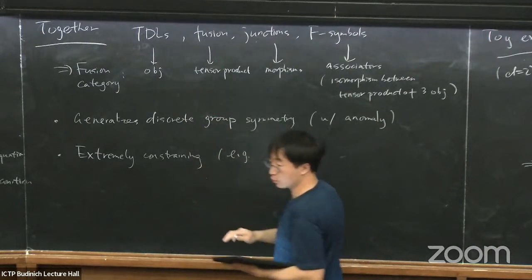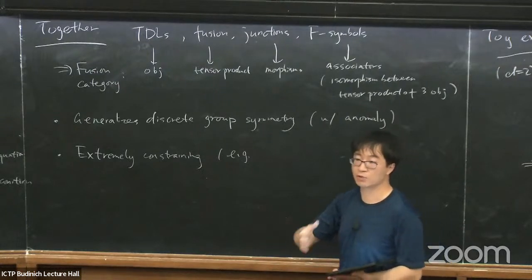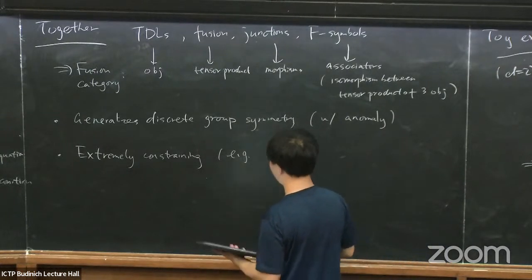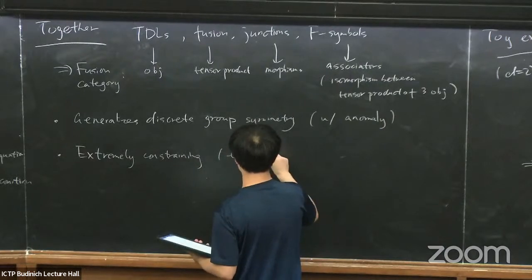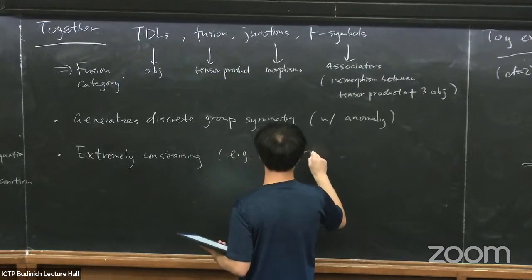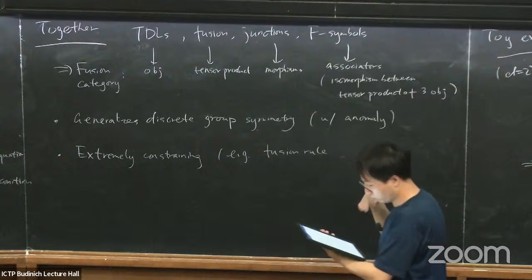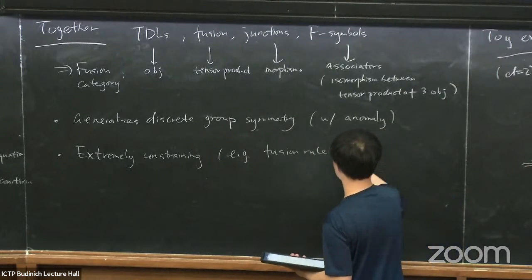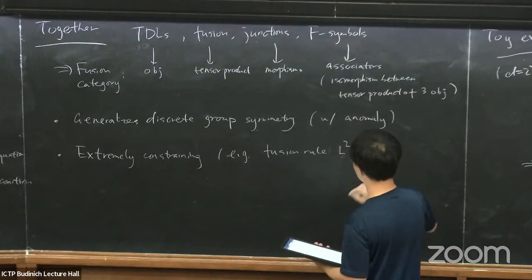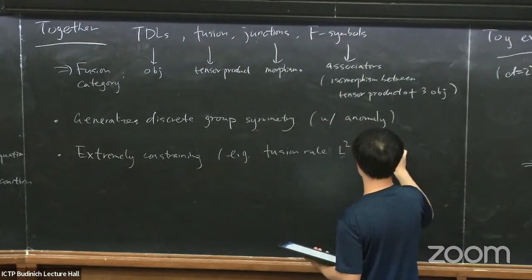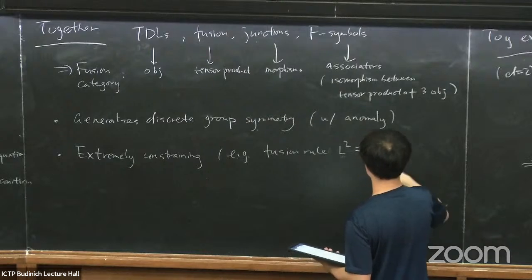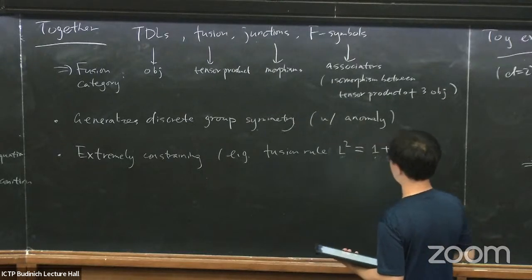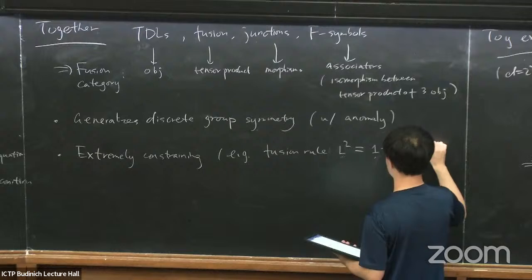If you start from a set of topological defect lines which you postulate describe some fusion category symmetry, and you postulate the fusion rule. Okay, for example, if you just postulate a single topological defect and you postulate the fusion rule of the form L squared is equal to 1, which is a trivial defect, plus n, which is some degeneracy, times L itself.